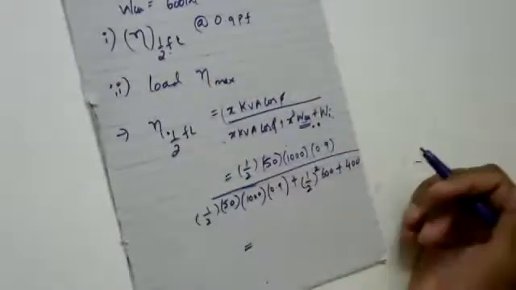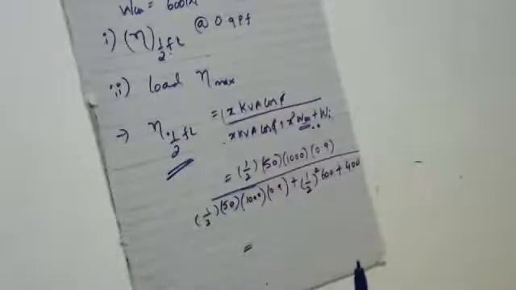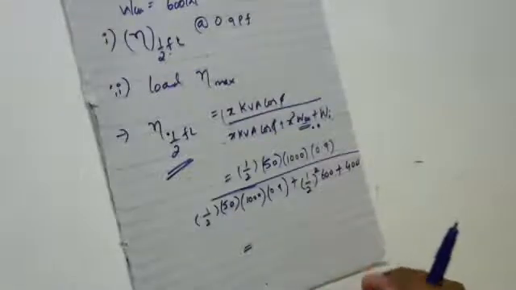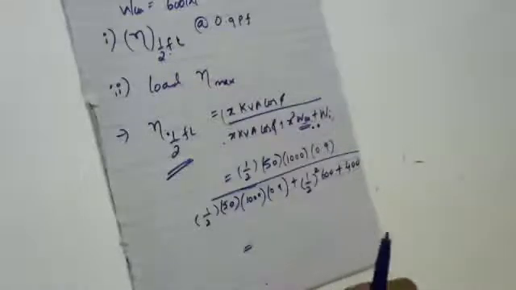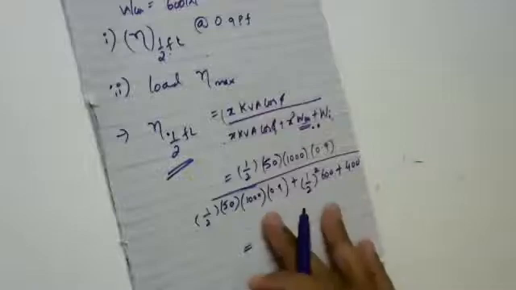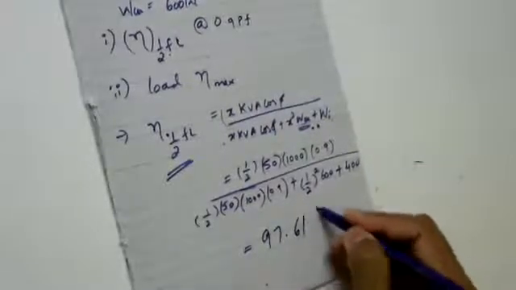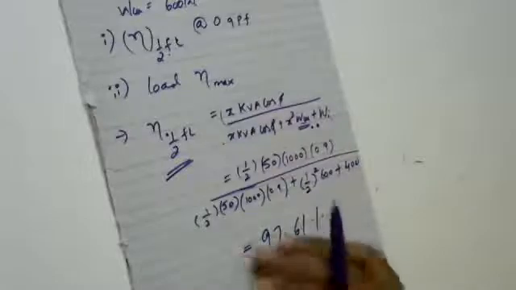Given data you have to substitute. Then what's the value of this efficiency at half the full load? Good. It is 97.61%.